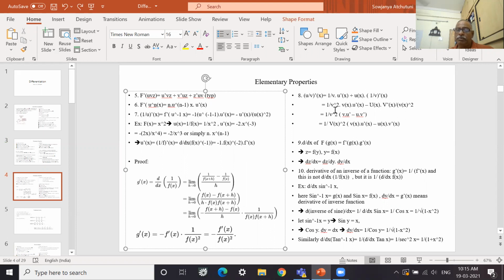So if I take 1 by v square out, u dash x into v x, because there is only one v, 1 by v is there, I am putting 1 by v square, so v x minus u x into v dash x. So this is the formula: 1 by (v x) whole square into (u dash x v x minus u x v dash x).